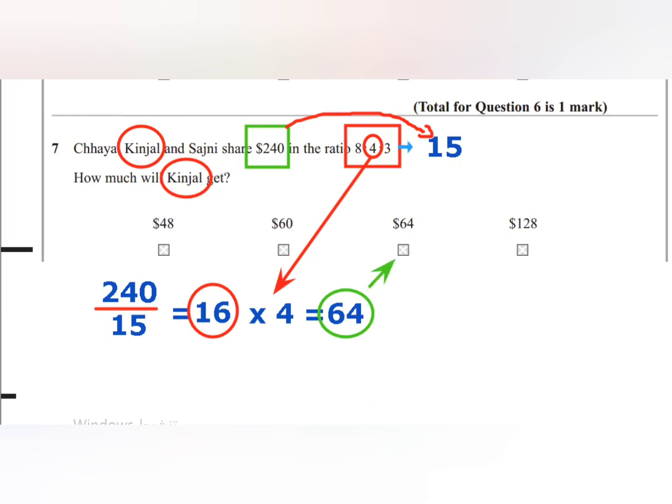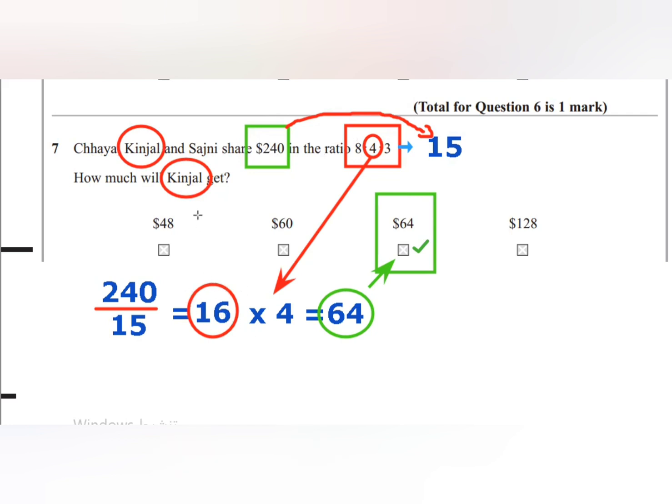From the beginning, I'll do it again. Focus with me, guys. First, I have the total number, which is 240. How do I know it's the total number? Because the question said that these three people are sharing this number. It means it's the total number. If it's the total number, I have to find the total ratio by adding all the ratios together. After adding them, I divide the total number by the total ratio, and I get 16.